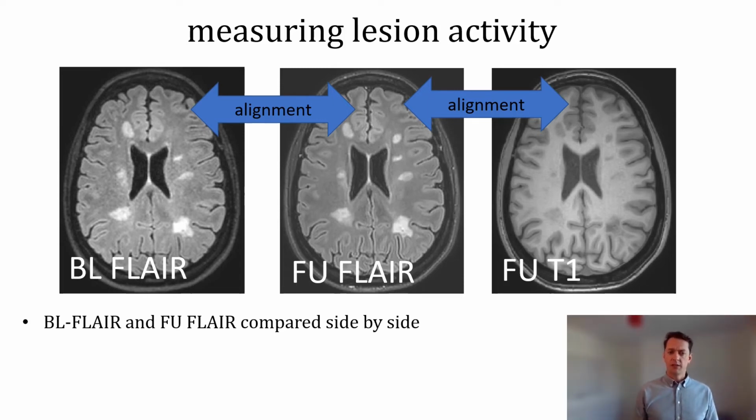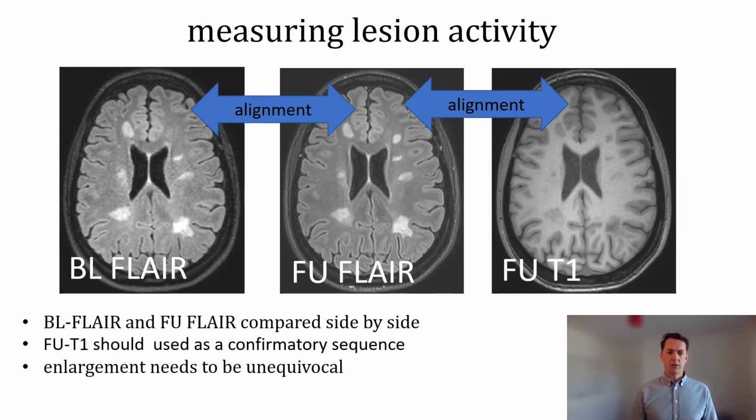If a decision based on the FLAIR is not possible, for instance, in the infratentorial region of the brain, the follow-up T1 should be used as a confirmatory sequence. In this case, the follow-up T1 needs to show a corresponding hypointense signal at the same location. If direct comparison between baseline and follow-up is used, enlargement needs to be unequivocal, that means it must be certain that the enlargement could not have been caused by a variation of image acquisition, like the angulation, artifacts, or image contrast.